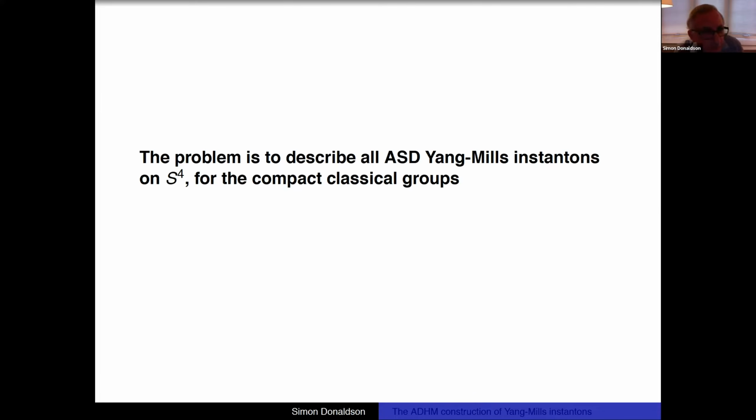So that sets up the background to describe the problem solved by ADHM. The problem is to describe all of these anti-self-dual Yang-Mills instantons over the four-sphere for, well, let's say for the compact classical groups.